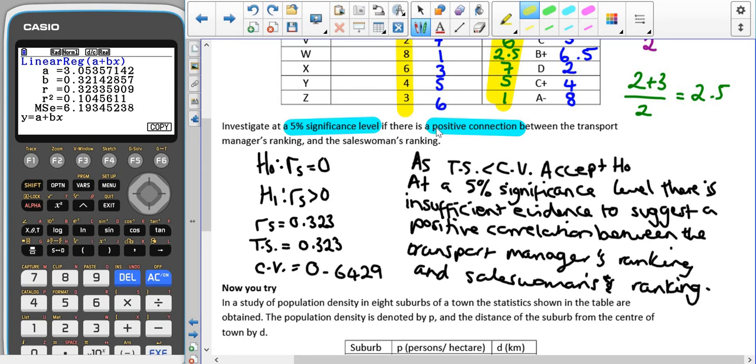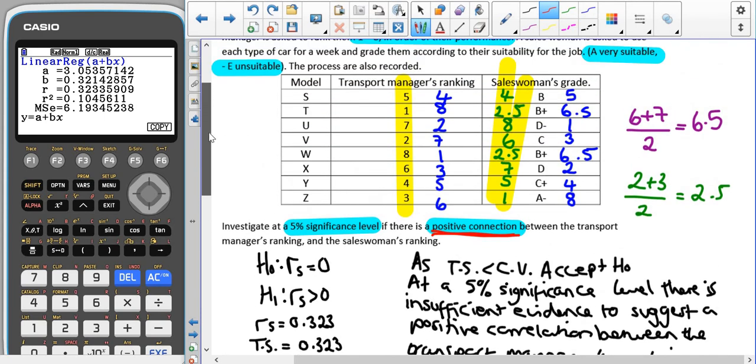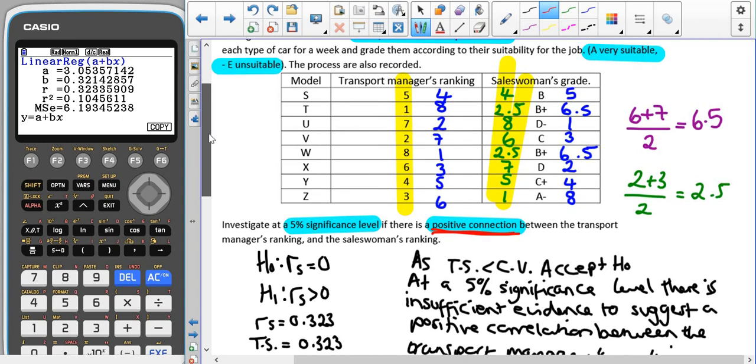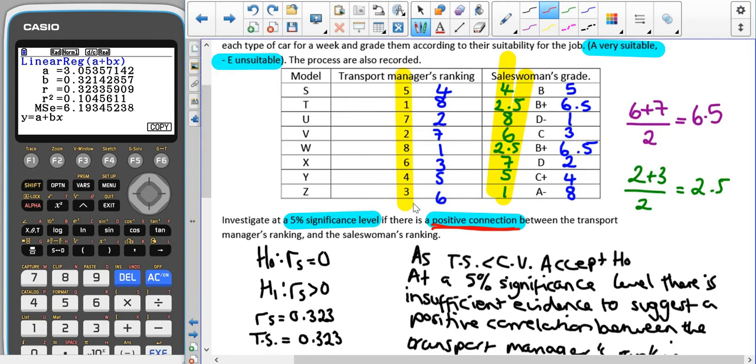The issue with that is that it says here that we are looking for a positive correlation. So that's always a good way with a one-tail test that you can check that you have ranked both sets of data correctly, is the direction, the sign that you have, suggesting what you have been asked in the question. In this case, positive correlation means we're expecting to get a positive number here.